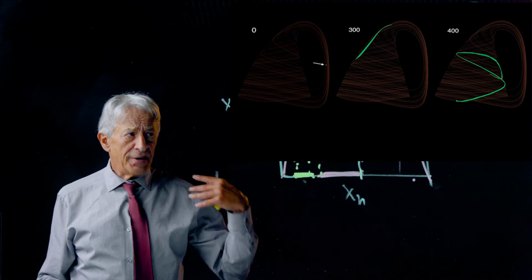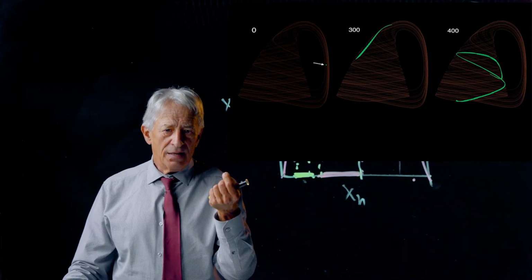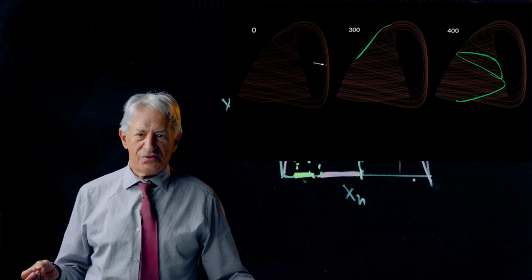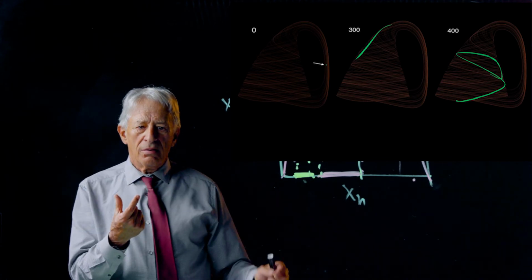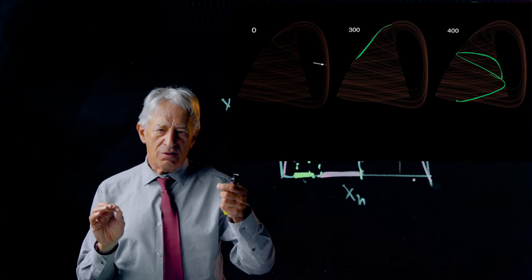And you see that by 300, that tiny little dot has elongated into a macroscopically visible string. So it has elongated, it has been stretched.